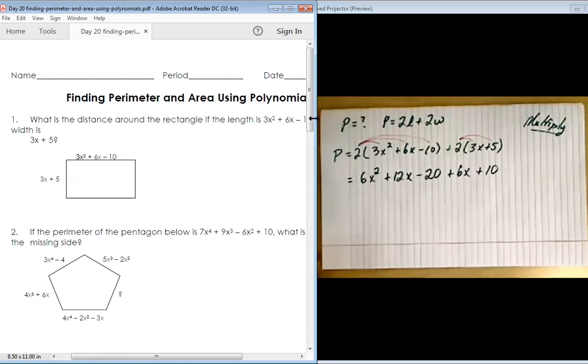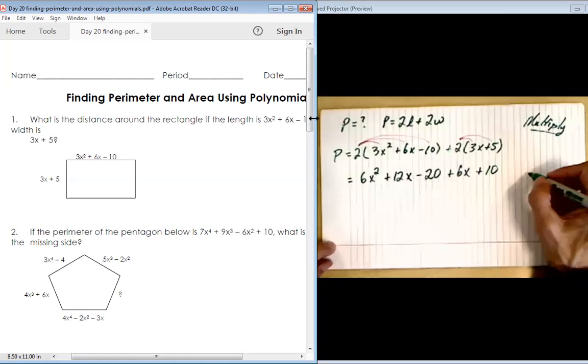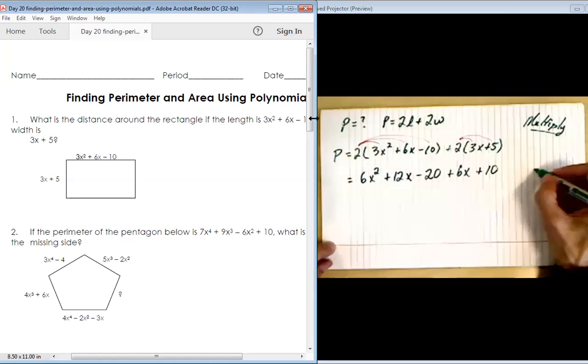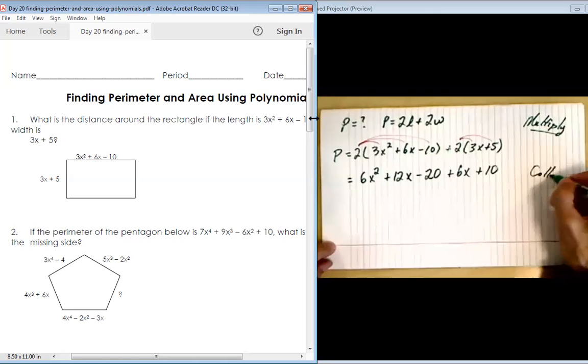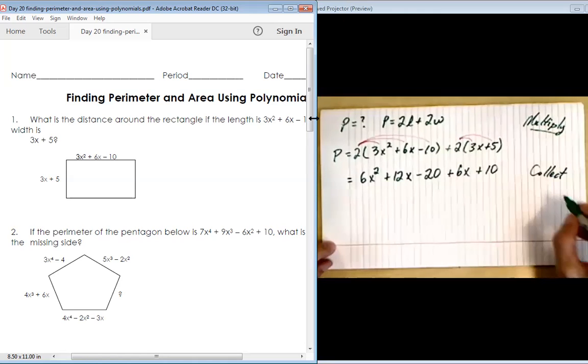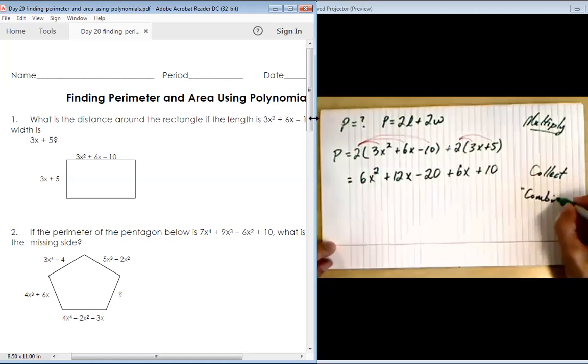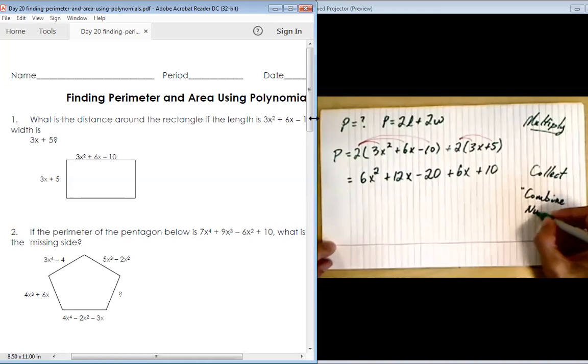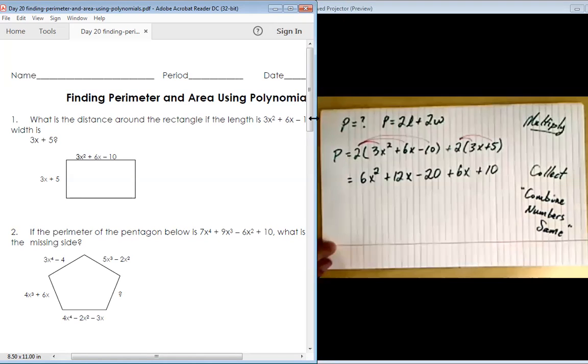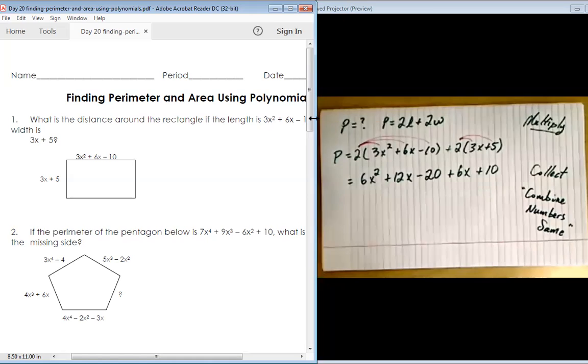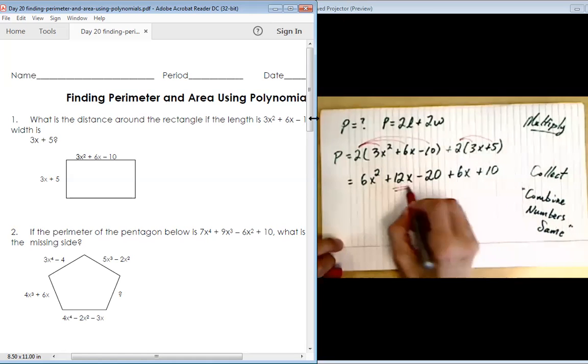So now I got to use another skill. Yeah, combine the numbers that are the same. Collect like terms, right? These ones will go together from class, that's true.